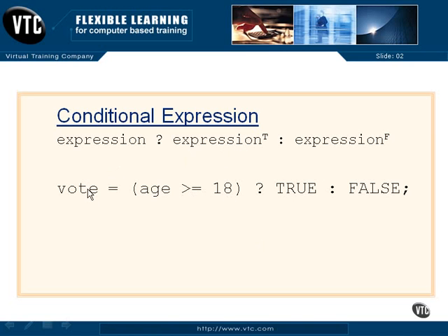If age is not greater than or equal to 18, then the value FALSE, whatever we have done with a #define, will be assigned into vote. See, these are in all uppercase. Remember, when we define constants, we generally make them uppercase, so you can see it's not another variable. So TRUE or FALSE, probably 1 or 0 if we define it properly, will be assigned over here into vote.